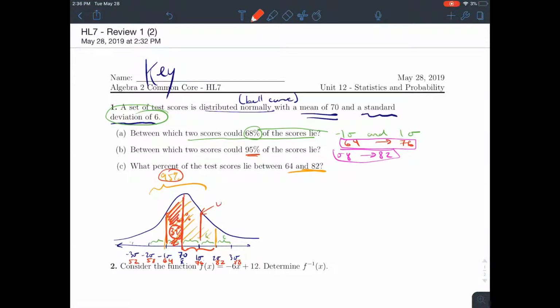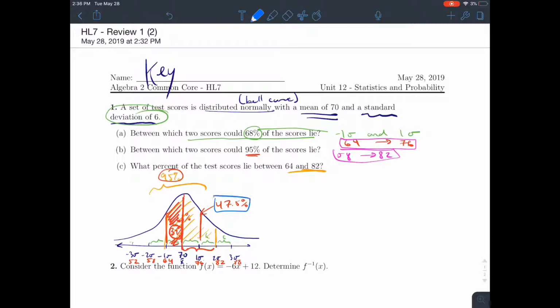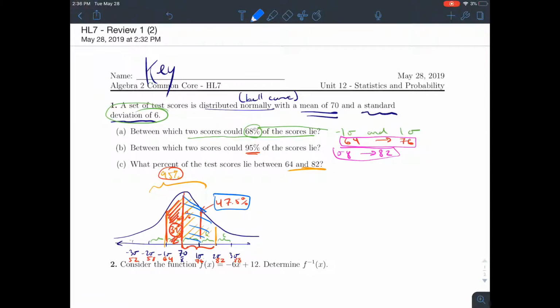So this is going to be 47.5%. Let me color code that something different with the blue. If you take the blue part, 47.5%, and add it to this red part, 34%, that gives you the whole shaded region, which combined gives us 81.5%.